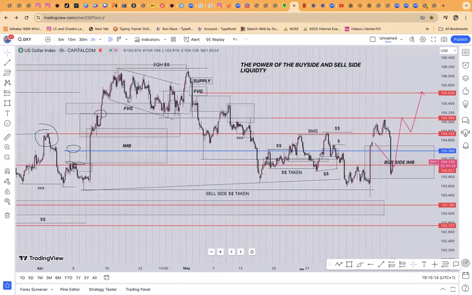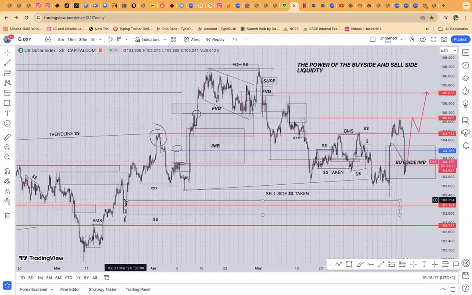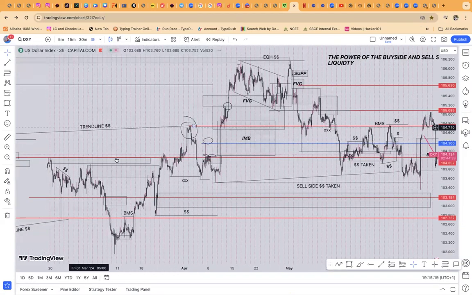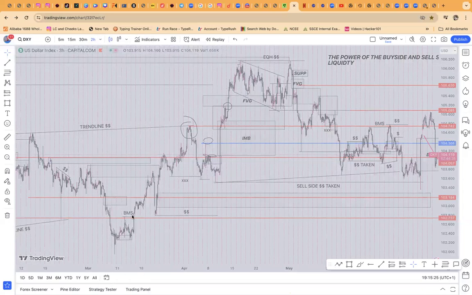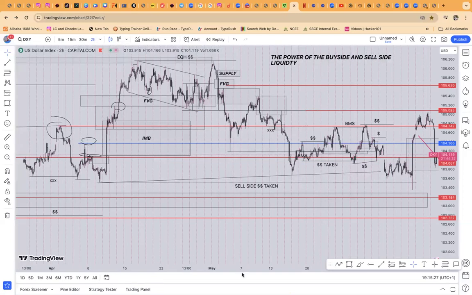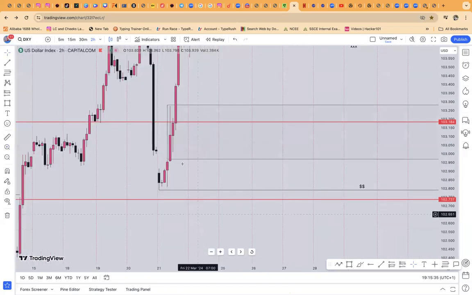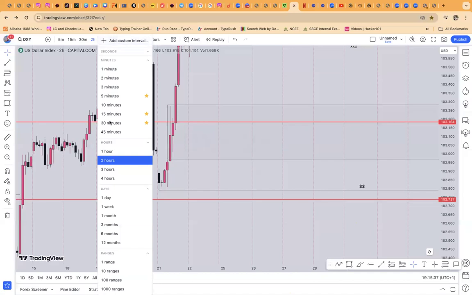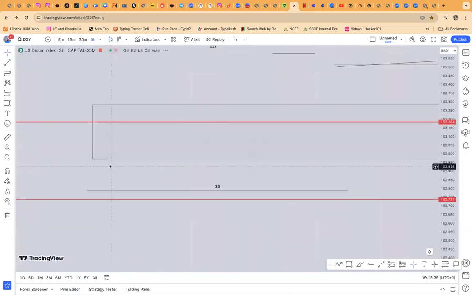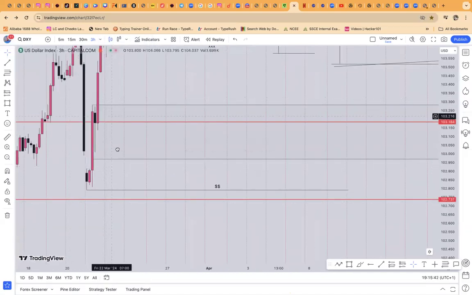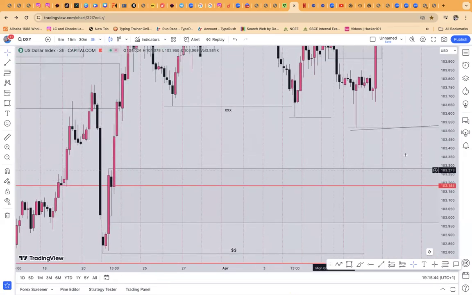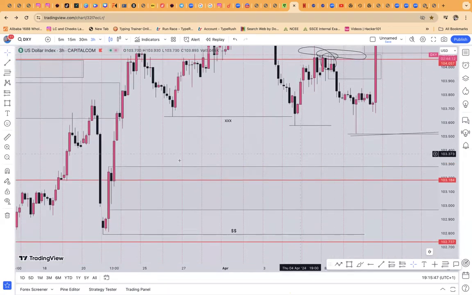This is actually the DXY, so you don't trade this as an asset. It's only on the 3 hours. And you know, most of the time, sometimes price would not want to fill you up totally on your POI, which is your order block, right?